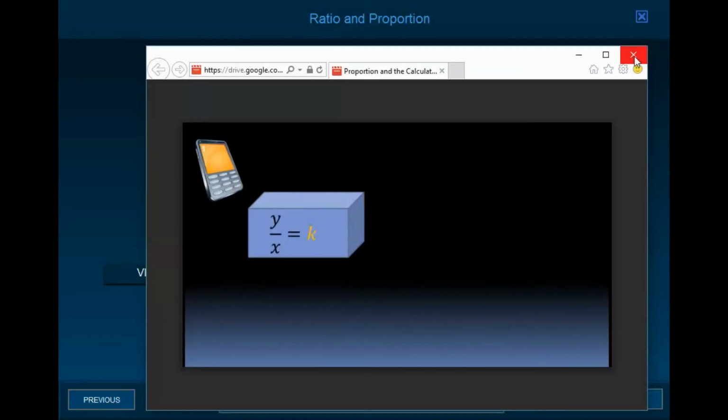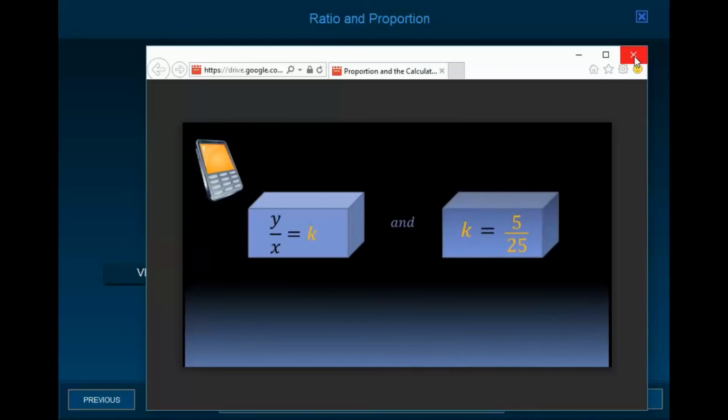We now have that y over x equals the constant value k, and that constant value k is equal to 5 over 25. Using our rules, the transitive rule or the substitution rule, we can say y over x is equal to the value 5 over 25.